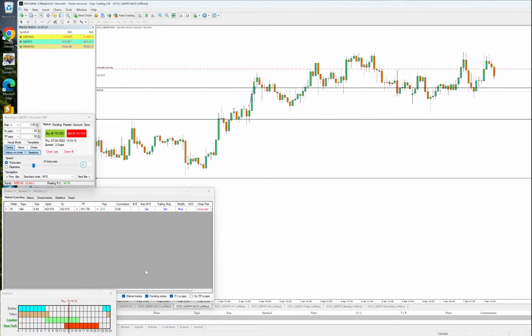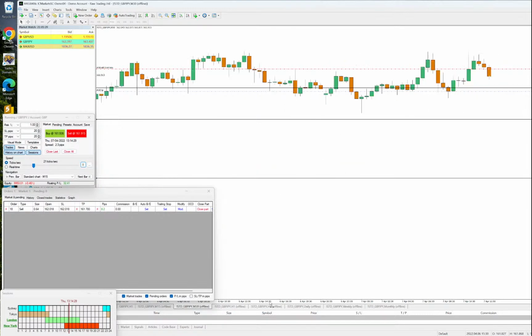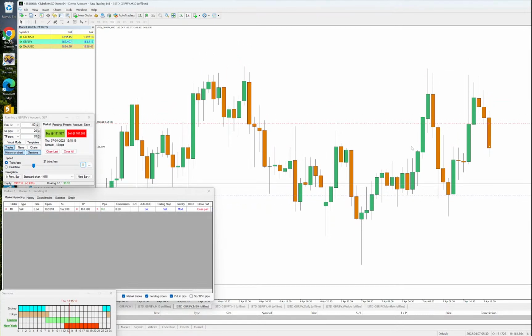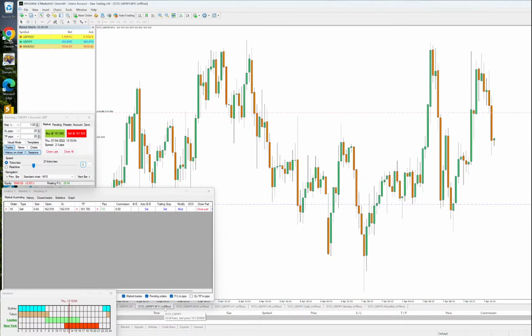So we get 10, 11. The 15-minute candle closed bearish. Next candle we're waiting for a retracement a bit and then roll down potentially.